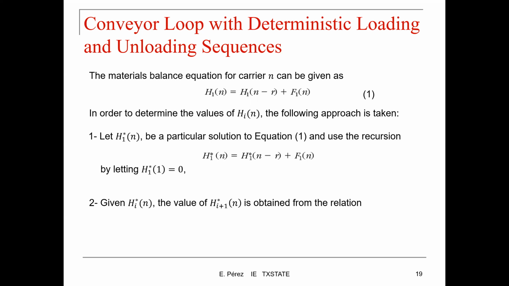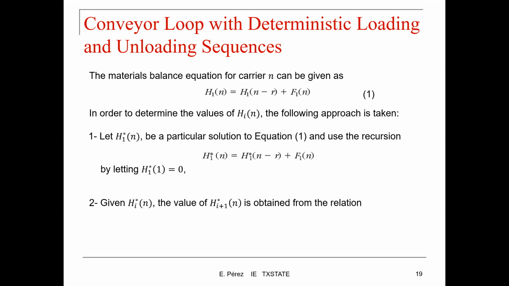In order to determine the values of h_i of n, the following approach is taken. We let h_i star of n be a particular solution to equation 1 and use the recursion h_i star of n equal to h_i star of n minus r plus f_i of n, by letting h_1 star equal to 0.